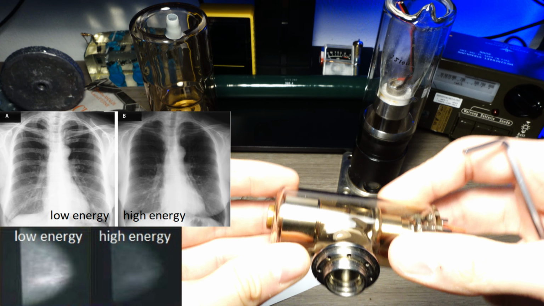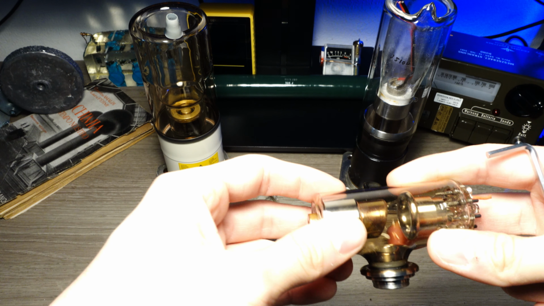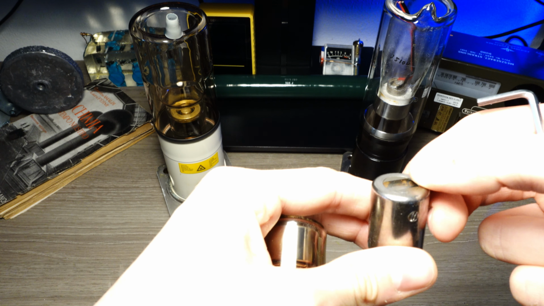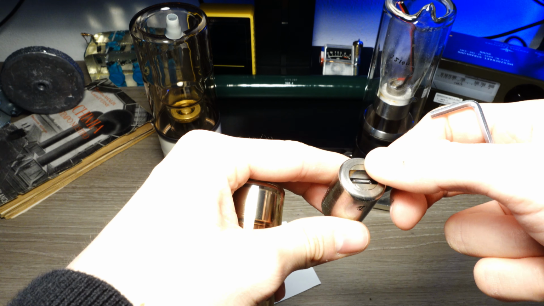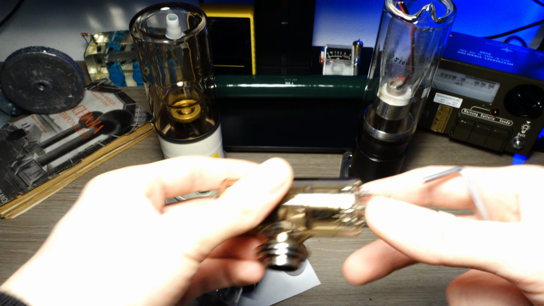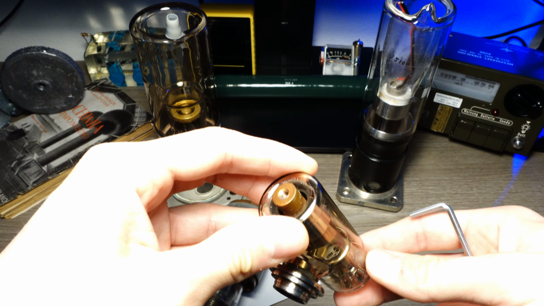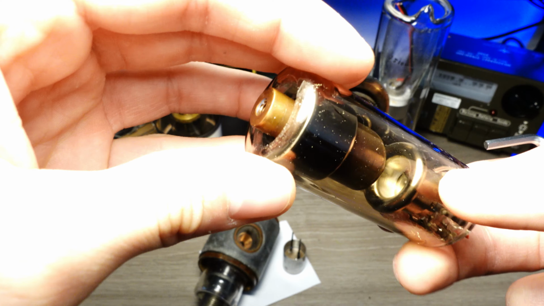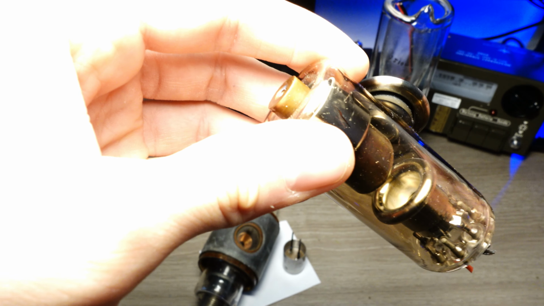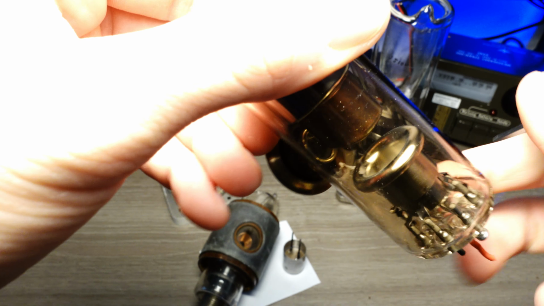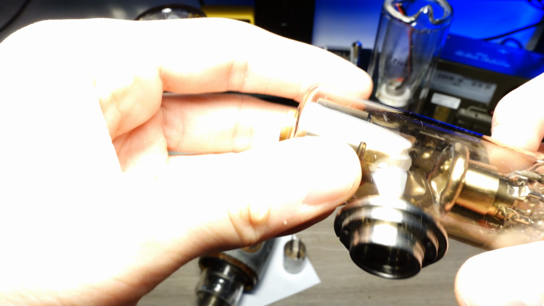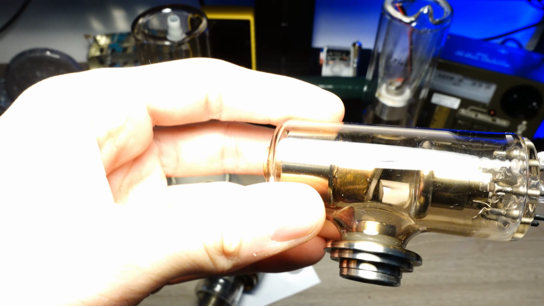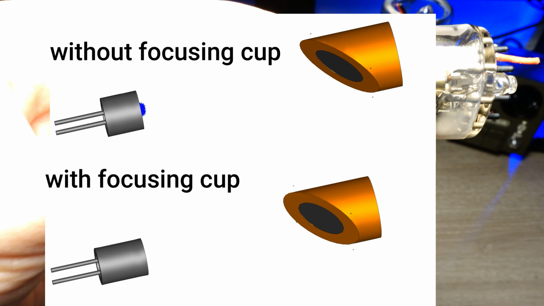Also, another difference from this other X-ray tube is the cathode. While in the other tube you can see that the filament is almost flush with the surface of the cathode, in this other tube the filament is inside of this focusing cup that has this particular geometry, so that the electrons are focused to a smaller spot, so that you can achieve a less blurry image.